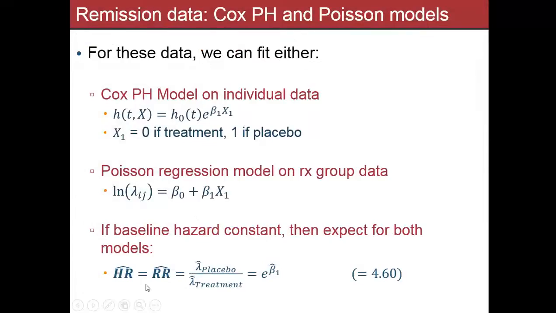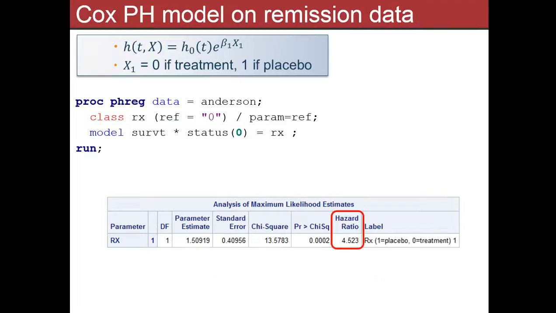Which is that the hazard ratio equals the rate ratio, which would look something like the rate of placebo over the rate of treatment, and this would all be equal to e to the beta 1. All the e to the beta 1s would be the same, and it should be about 4.6. If it is true that the constant hazard assumption is right, that there is just this constant force of infection or illness or whatever you want to call it, force of bad stuff happening.